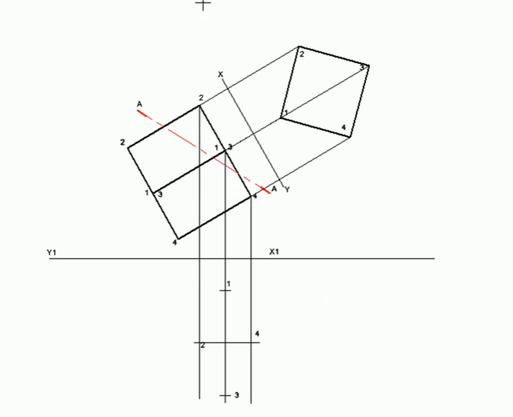Let's draw that 4-sided figure. I'm going to go from point 1 to point 2, from point 2 to point 3, from point 3 to point 4, from point 4 to point 1. That gives me the 4-sided figure on this side. I need to do the same here.